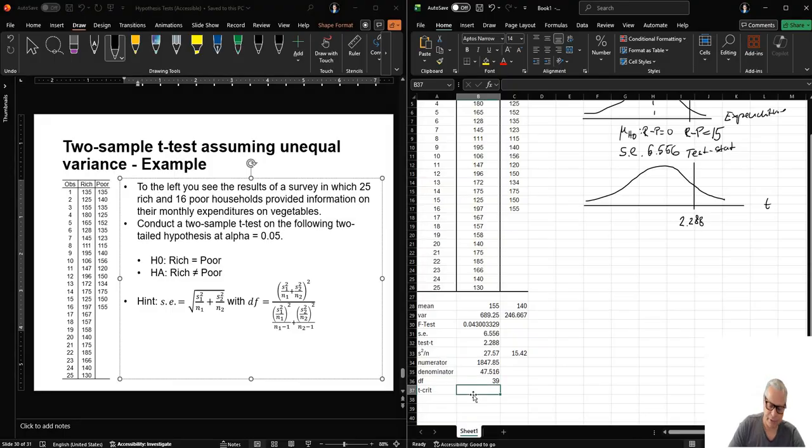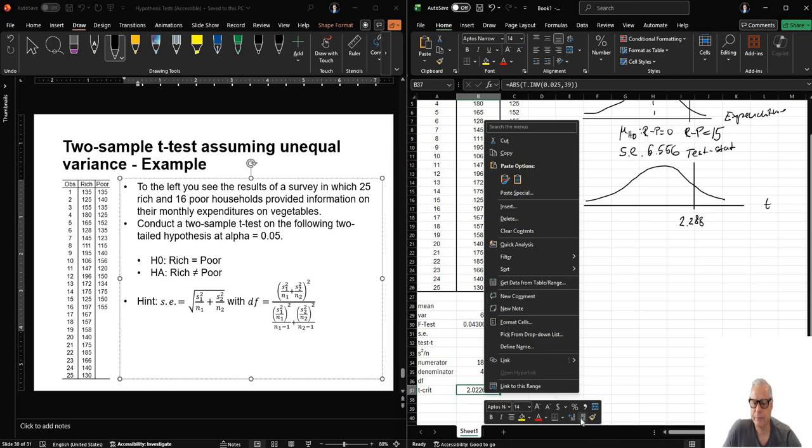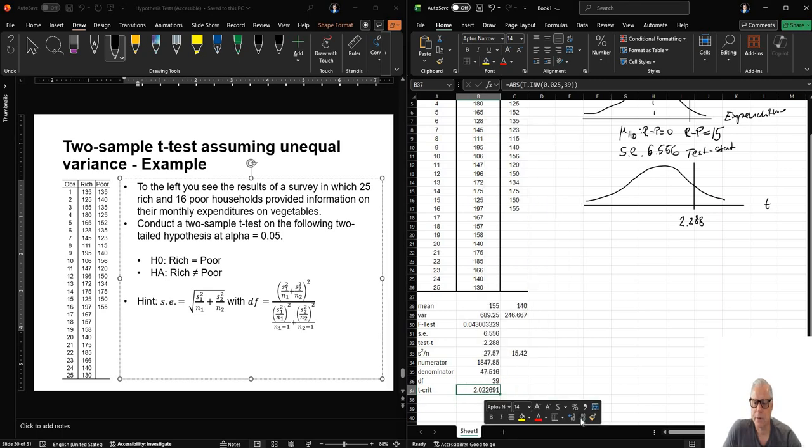So we need to find the critical T equals absolute, then in parentheses T.INV, open parentheses 0.025, and 39 degrees of freedom, close parentheses twice. So now our critical T is 2.023.